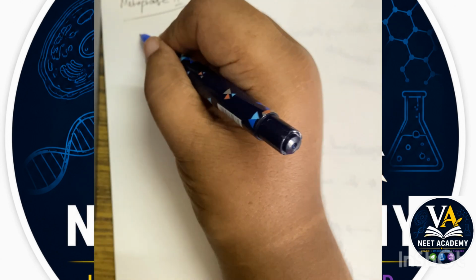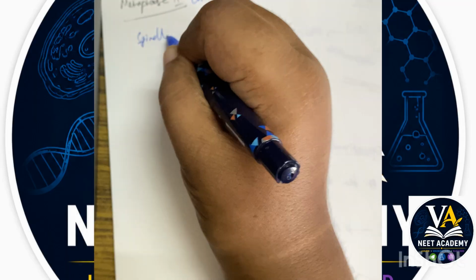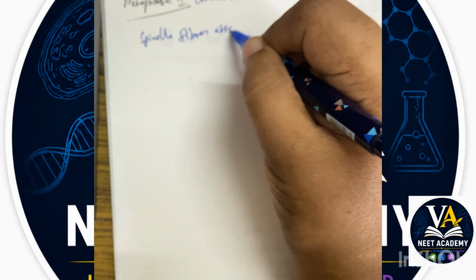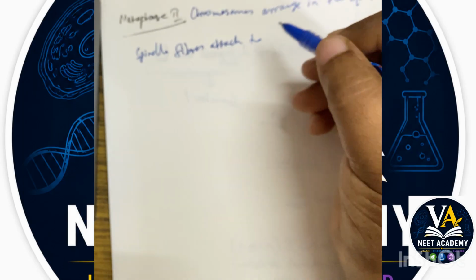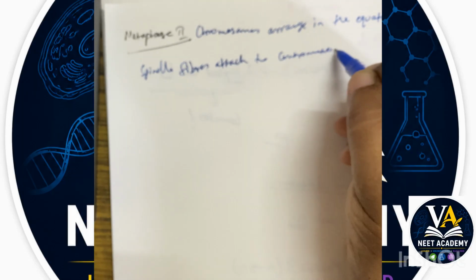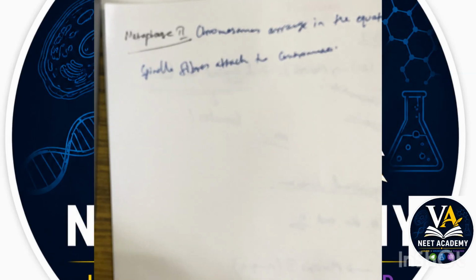So chromosomes are arranged at the equatorial plate and also the spindle fibers are attached to the centromeres. Spindle fibers attached to the centromere.